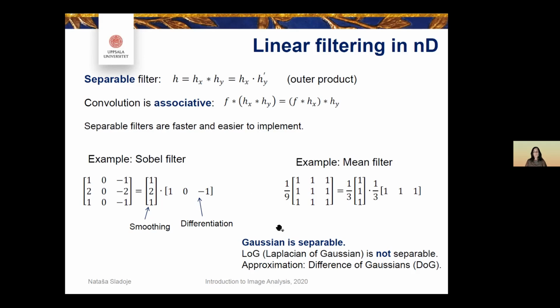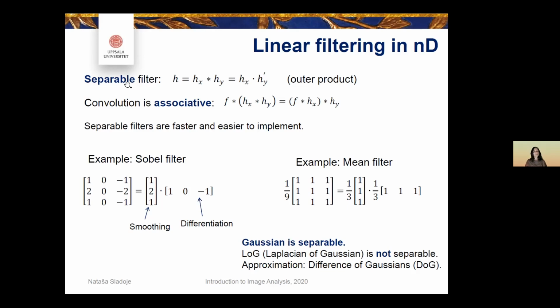Now, if we exploit a bit the nice properties of convolution, we can make linear filtering in higher dimensions benefit from them, becoming maybe faster or easier to implement. Let's analyze what can be done.